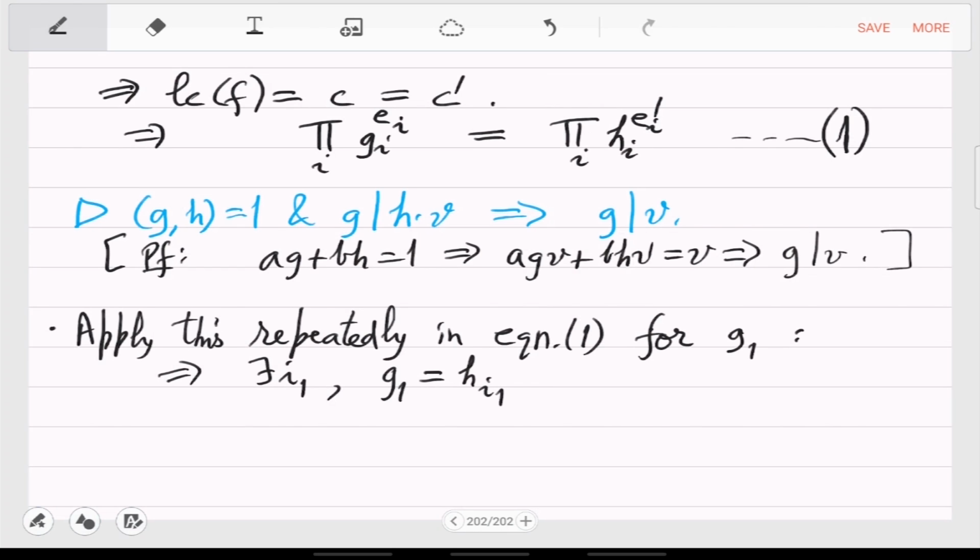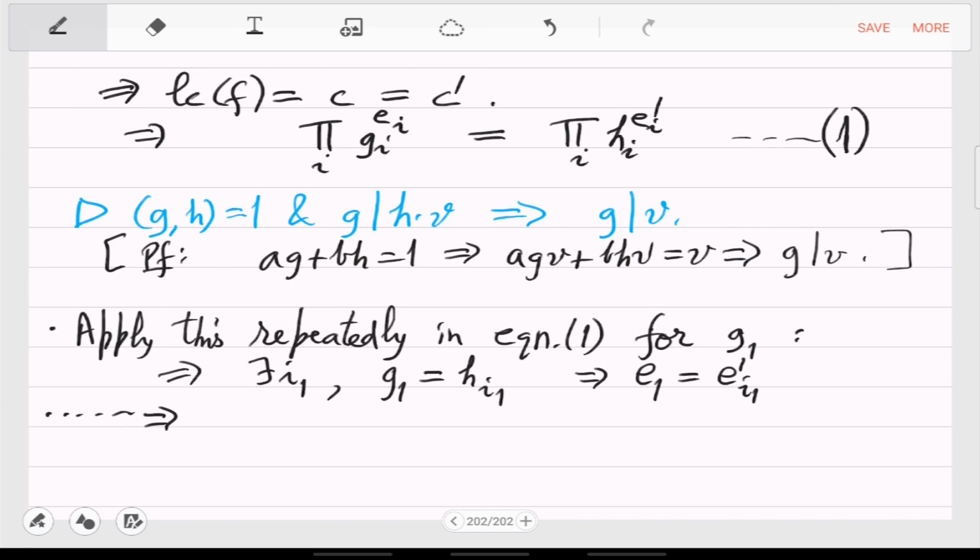Okay, so what happens when G1 and H_I1 are the same? Say G1 is equal to H1. What can you say about E1 and E1 prime? By the same argument, they will also be the same. And you keep doing this.